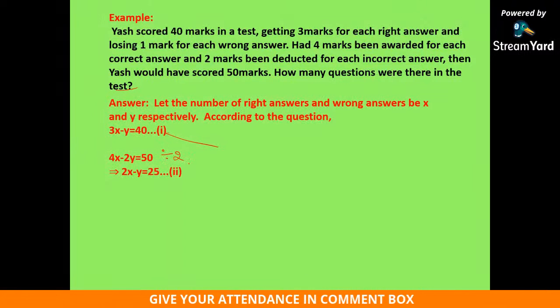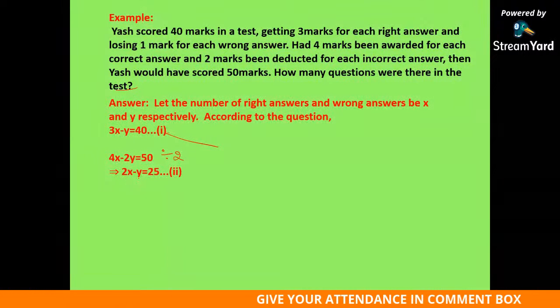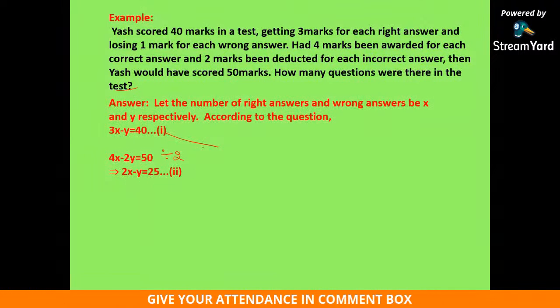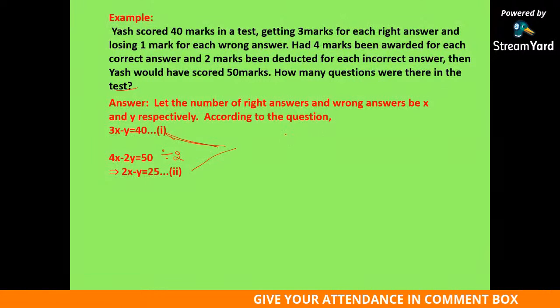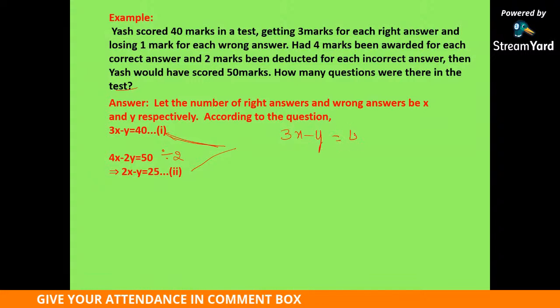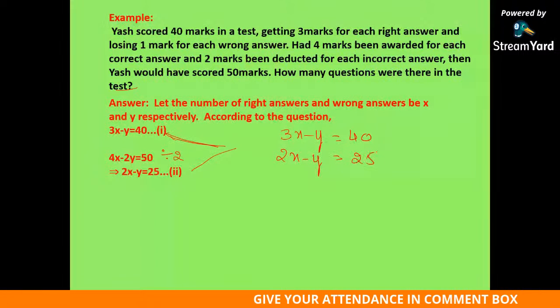Therefore, to make it simpler, we are going to divide this equation by 2. Dividing 4x by 2, you get 2x minus y is equal to 25. Now you have equation 1 and equation 2. Let me write here once again: 3x minus y is equal to 40 and 2x minus y is equal to 25.